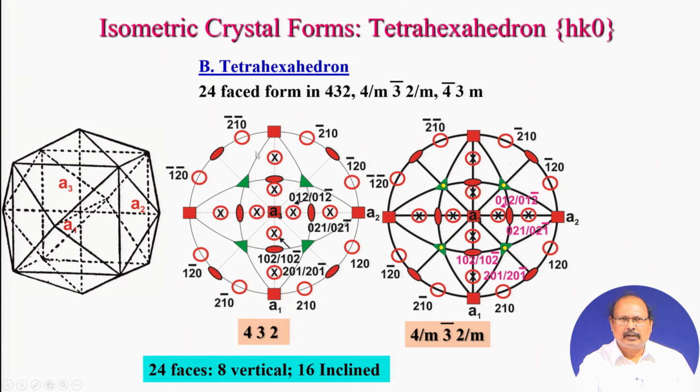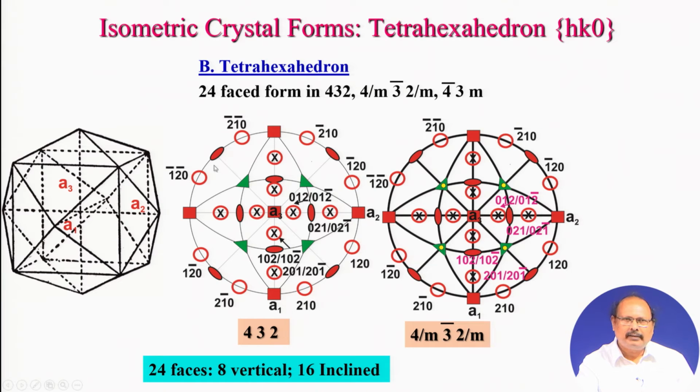So this face will be generated here, and once you have this face generated, you have this particular face generated here and another face generated here. In a nutshell, the same 12 faces that we generated with 2 3 and 2 over m bar 3 will also be present in 4 3 2.